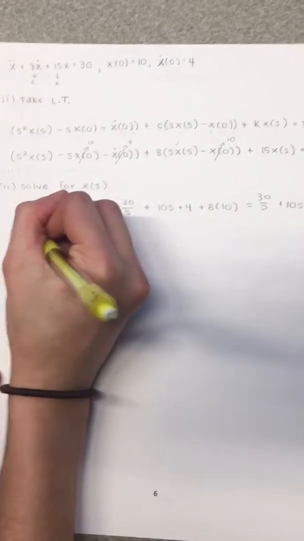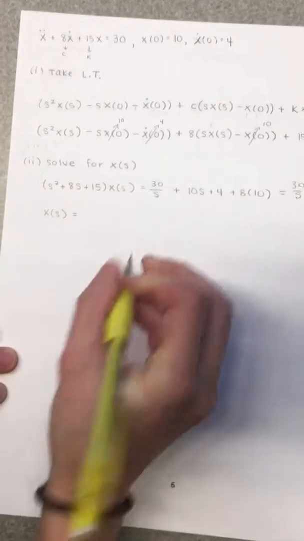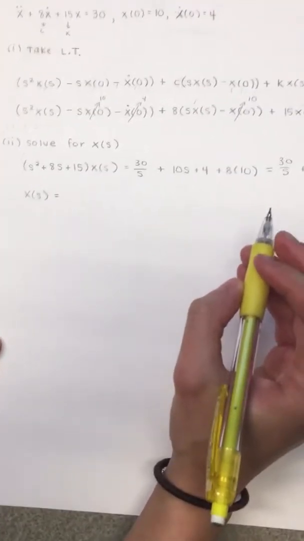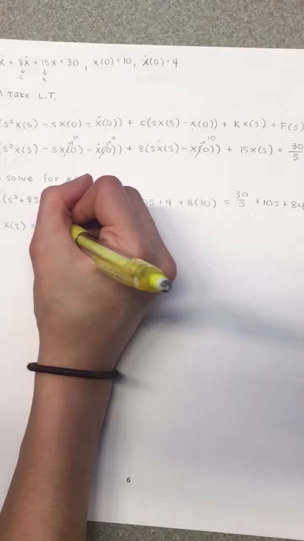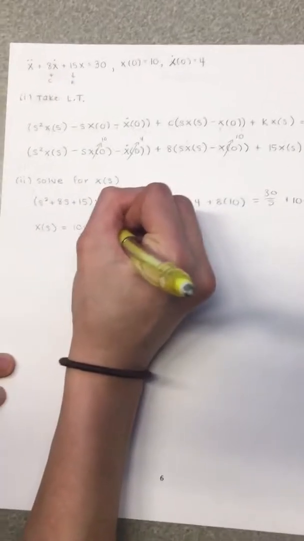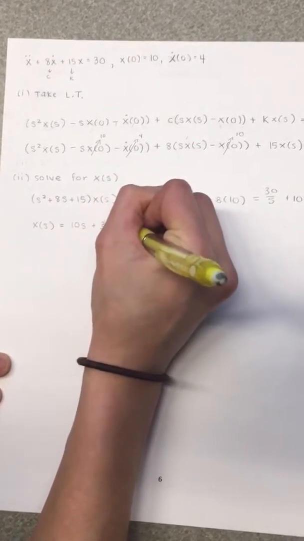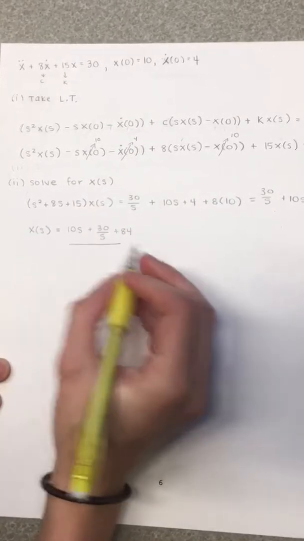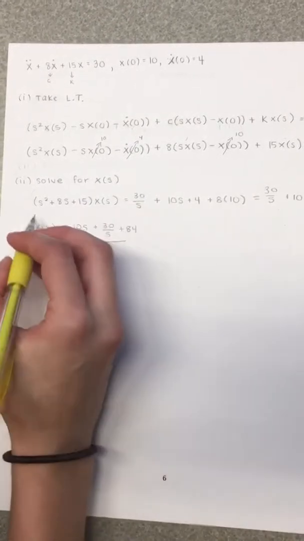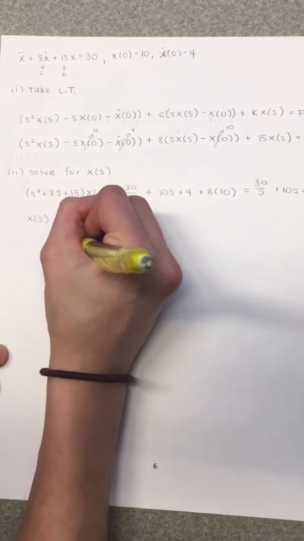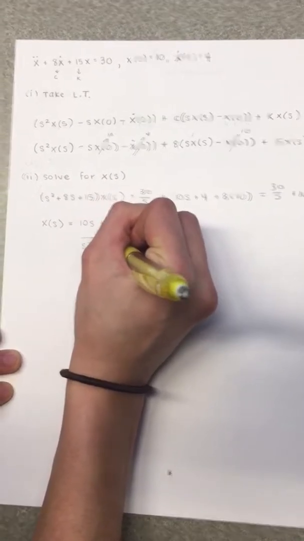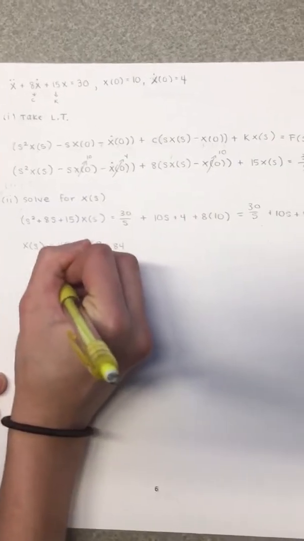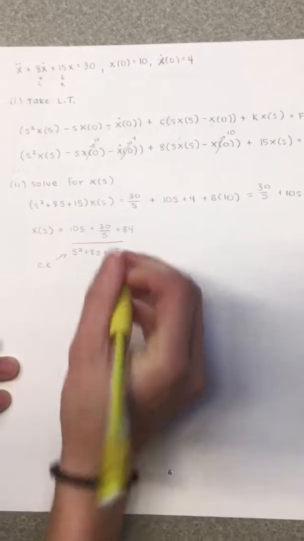So solving for X(s), it's going to be 10s plus 30 over s plus 84, all over the characteristic equation, which is s squared plus 8s plus 15.